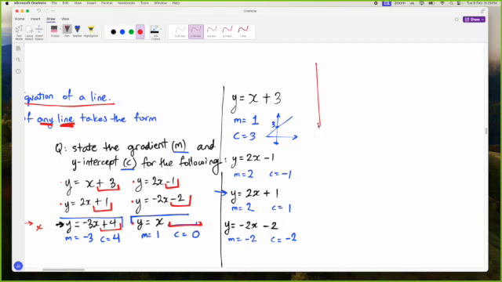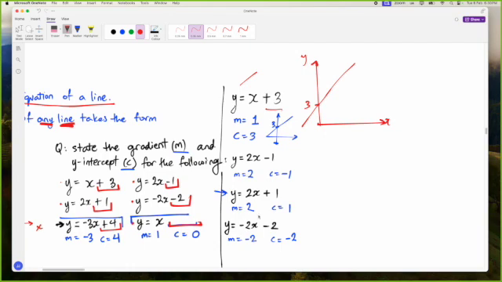I could immediately say, all right, it's a positive gradient, so it's going to be sloping so, and it's going to be cutting at +3. So if this is +3, the line is going to look like this.